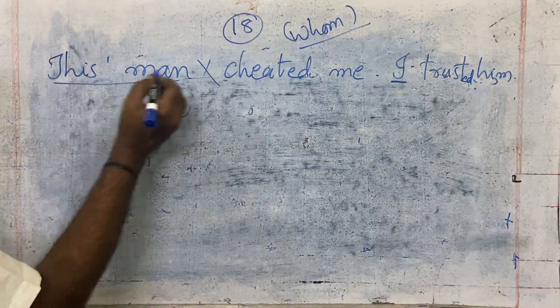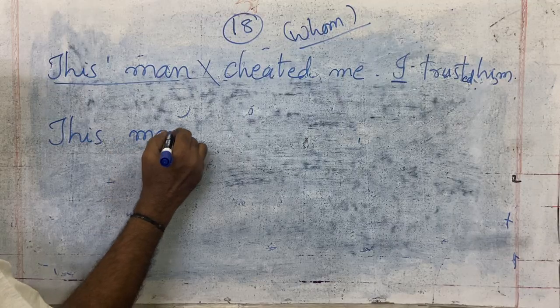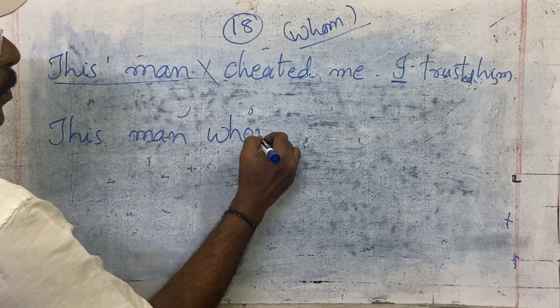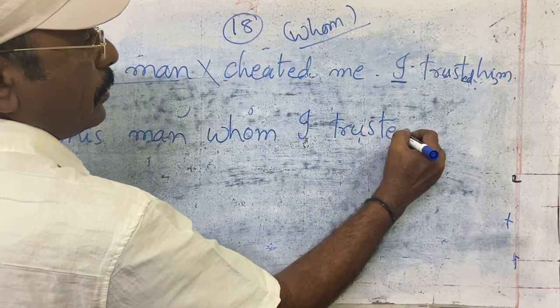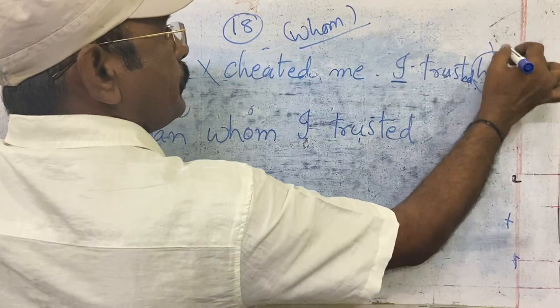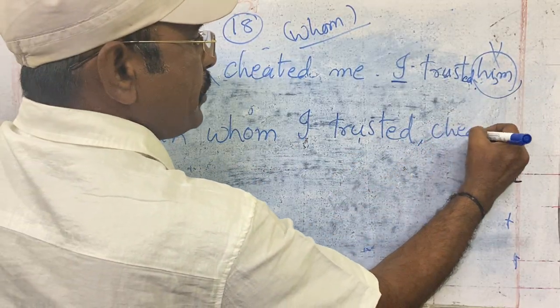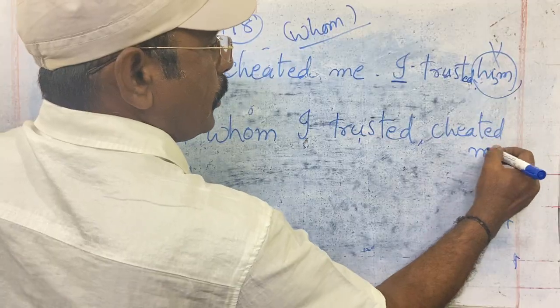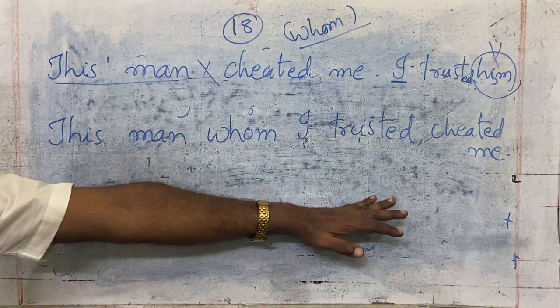So this man whom I trusted, comma, cheated me. This man whom I trusted cheated me.